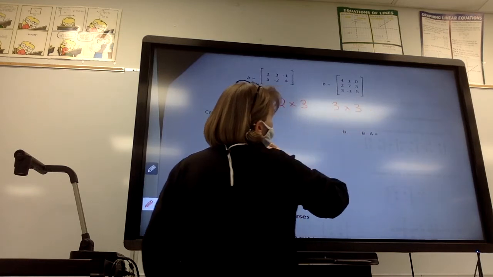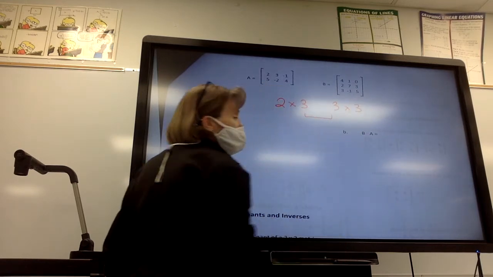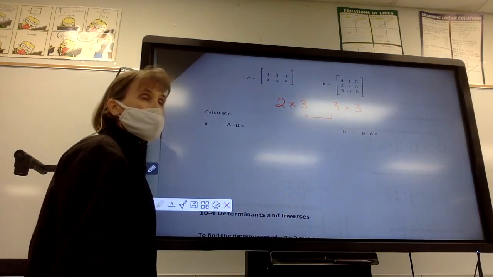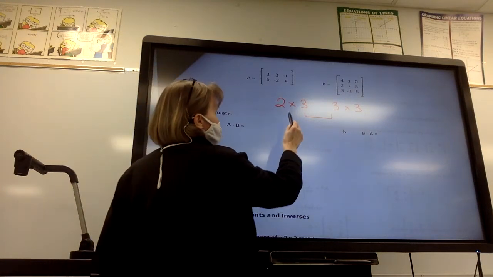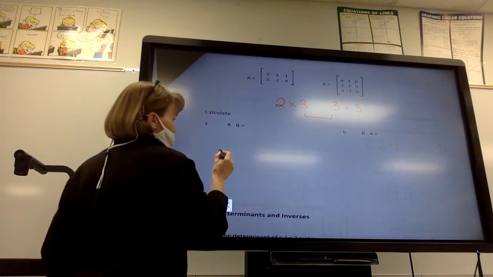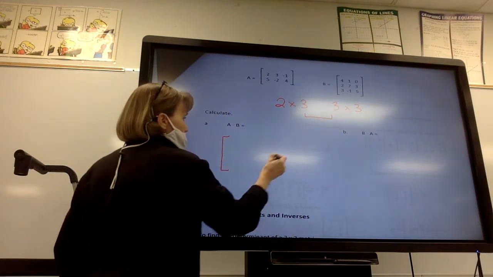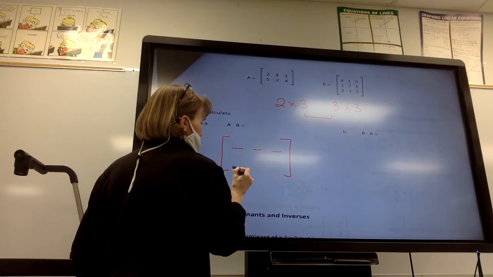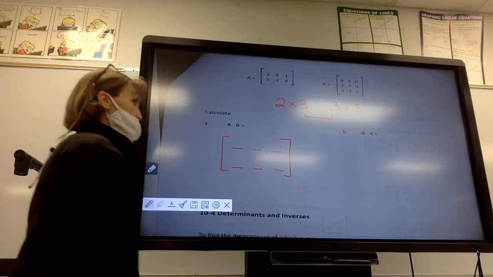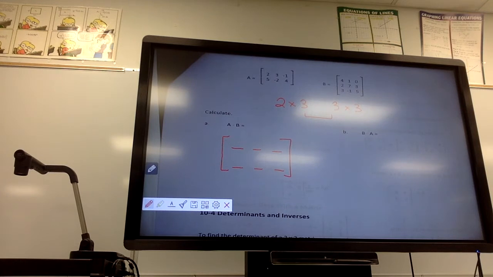So can I do it? Yes, because those inside numbers match. That means we can do it. What's my answer going to look like? It's going to be a 2 by 3. So that means it's going to look like this. There are going to be 2 rows, and there are going to be 3 columns.